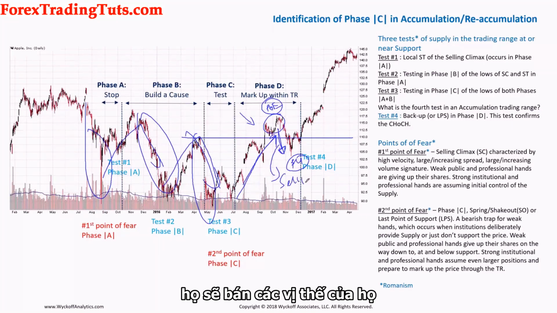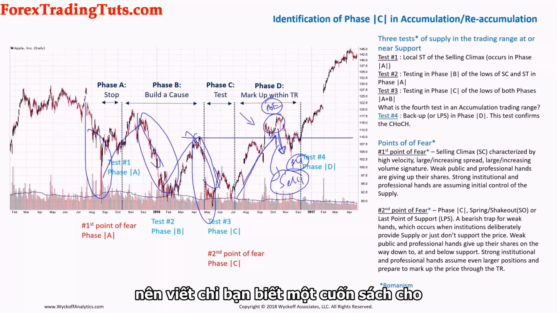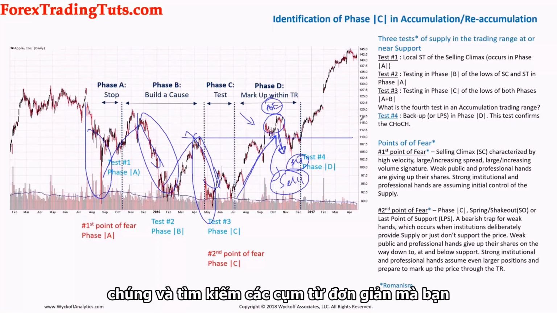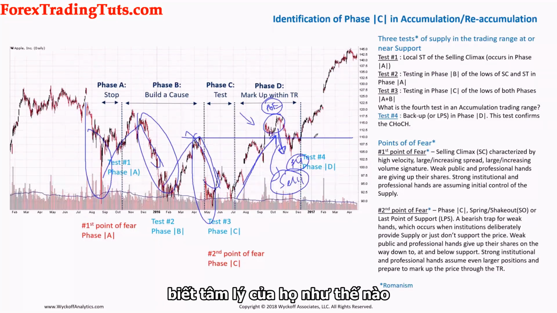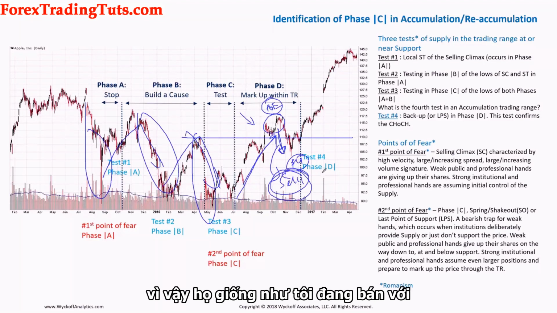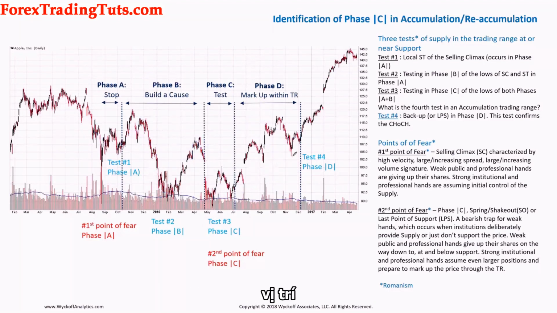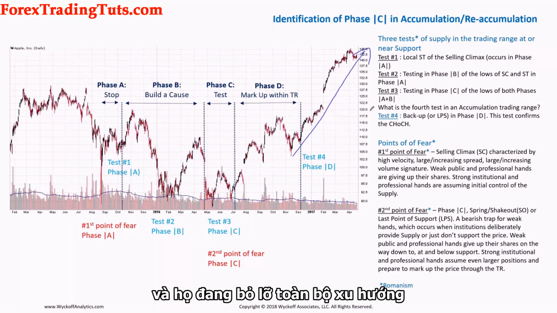They're going to sell their positions, again with the loss, and they're going to say, well, now for sure, I'm not going to go into this position. I should write a book for kids about this, just to explain in such simplistic terms how the psychology unfolds. So they're like, I'm selling with the loss, and now I'm not going to go into this position. And they are missing the whole trend.